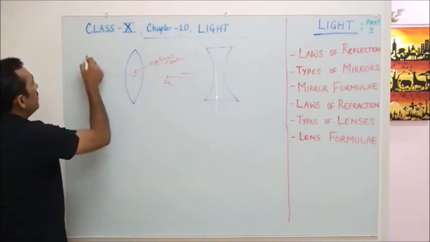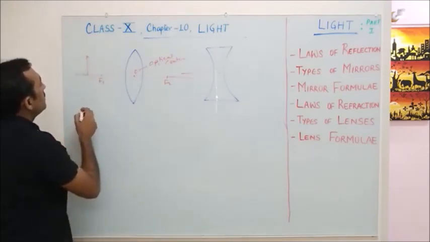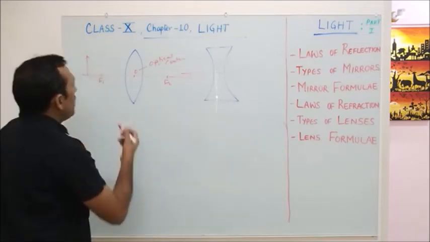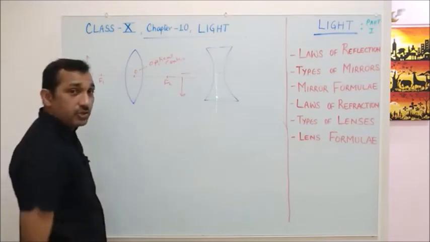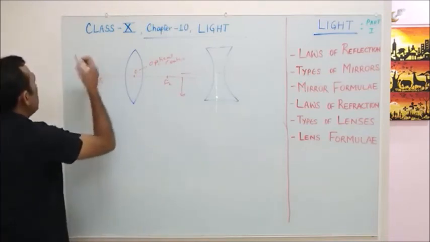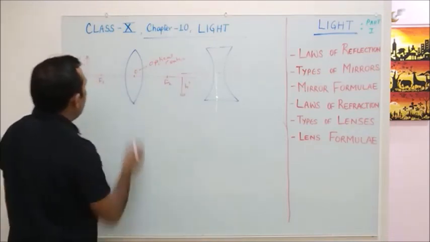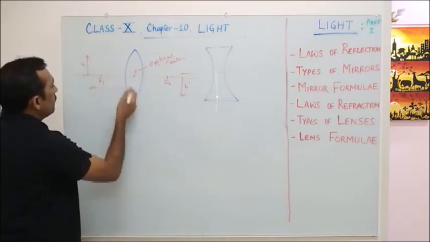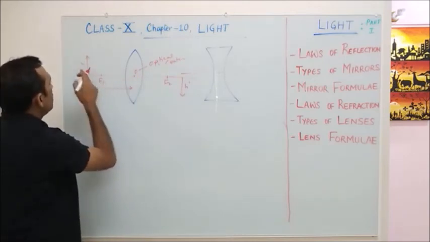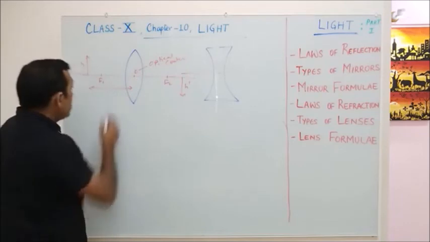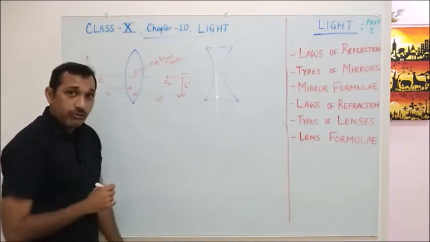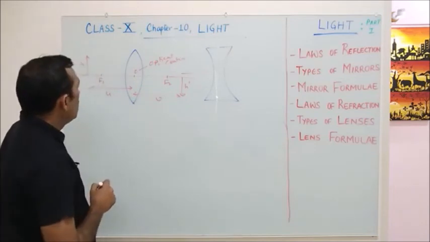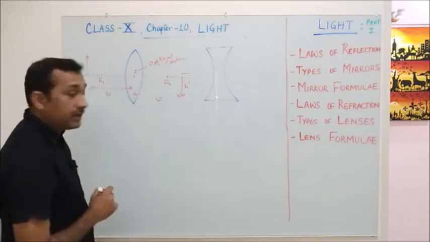So again, like a mirror, if I have an object and an image, the heights are h and h dash. The distance from the optical center to the object is u and to the image is v, right? And this is the focal length.